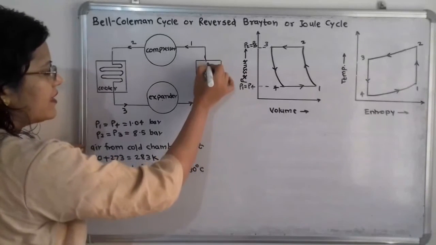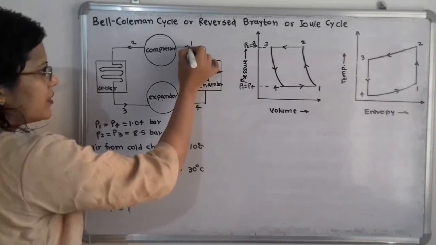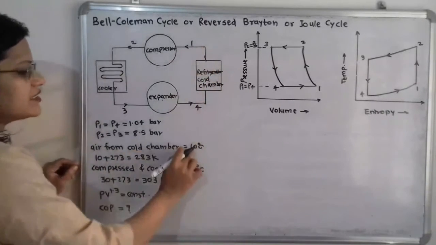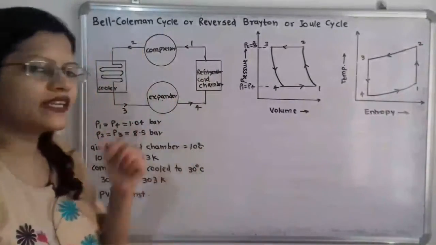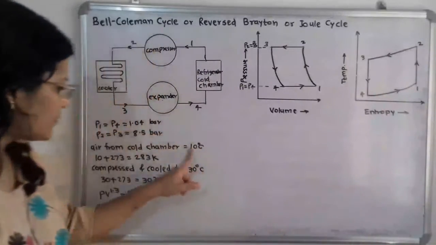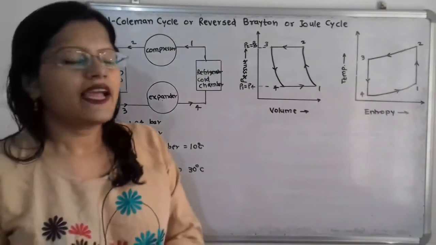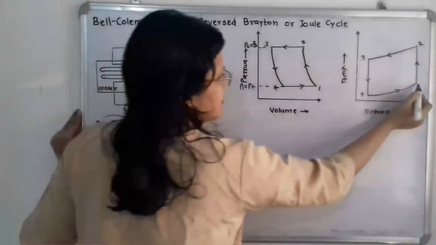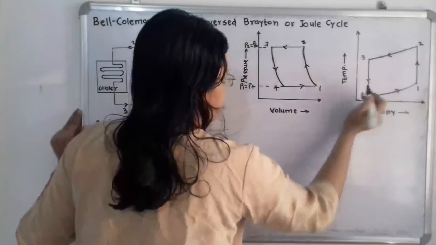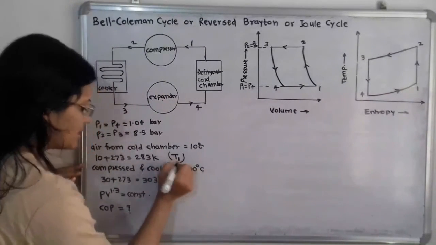So the air coming out of the cold chamber, at point 1, is at 10 degrees Celsius. We convert it into Kelvin: 10 plus 273 is 283 Kelvin, which is the temperature T1 at point 1. So T1 = 283 Kelvin.